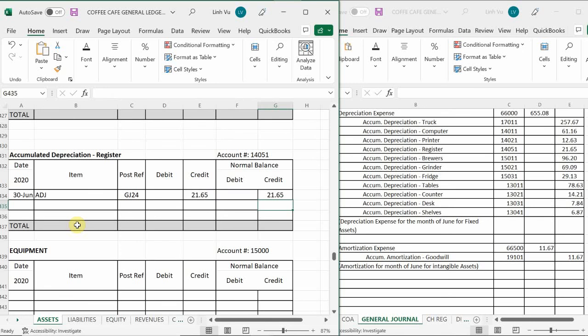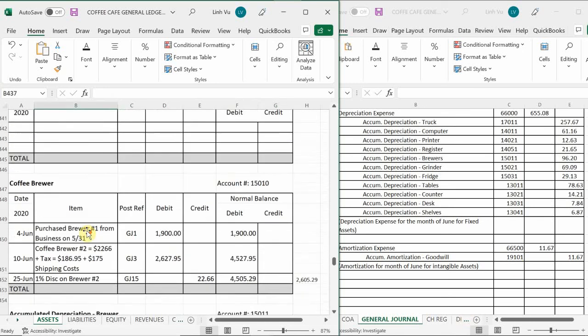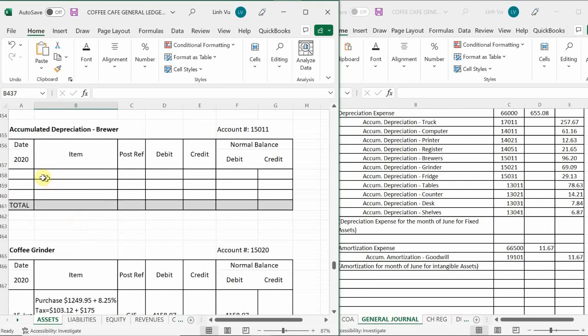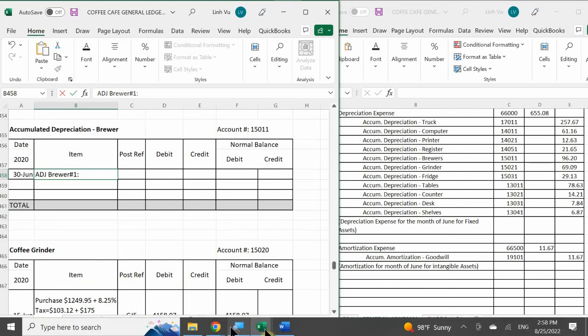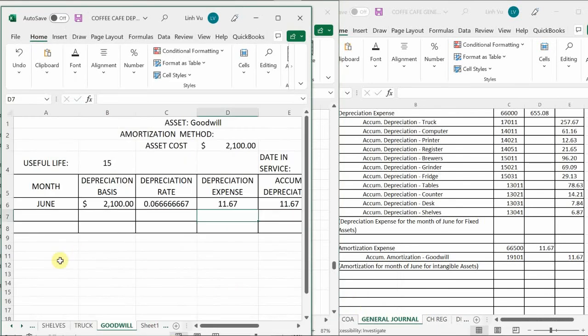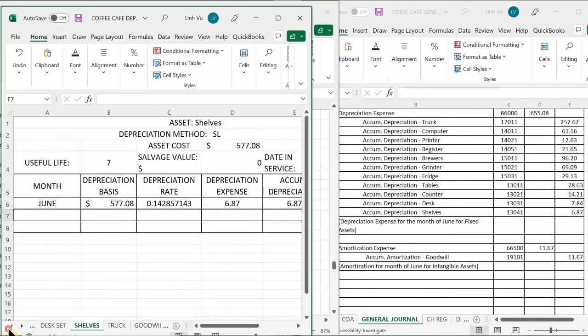And then the brewers in the equipment. There you go. 630 adjustment, page 24. Credit of 96.20. So in this case, for the coffee brewer, since you have two of them, you could list out what they are. So brewer number 1, for instance, was a total of... Remember them separate. That's okay. It's just for extra details because this one has two different ones.